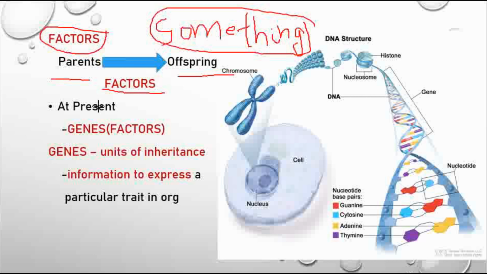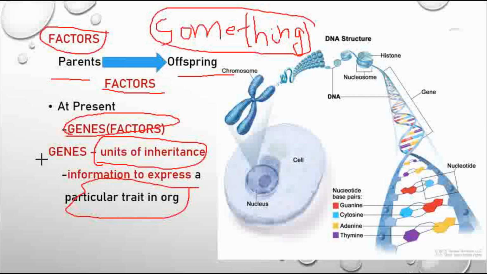At present we call them genes. So genes are the units of inheritance. Generation after generation, the character passes on, and the information it contains is what is needed to express a particular trait in the organism.